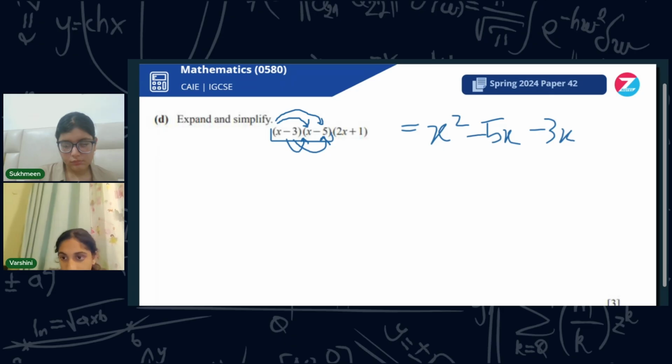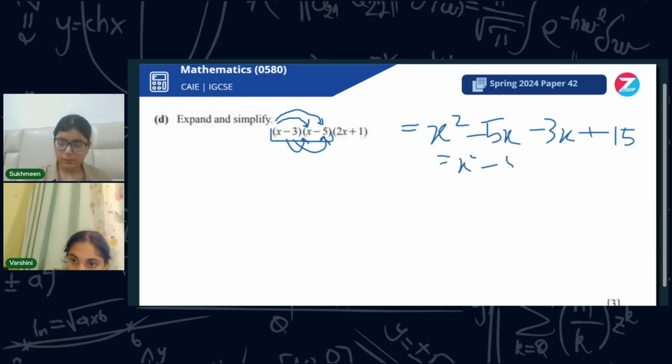But best to put in your calculator to always recheck, so you're going to get plus 15. So then again, we have these two similar terms, minus 5x and minus 3x, so we can add them up. And we know minus 5 minus 3 will give us minus 8. So that's going to be x squared minus 8x plus 15.